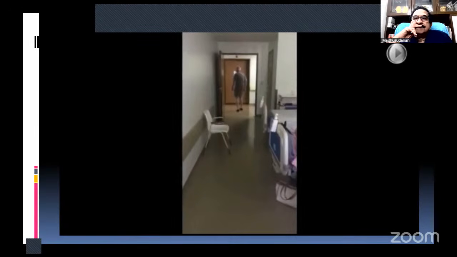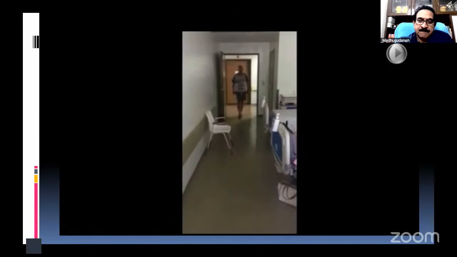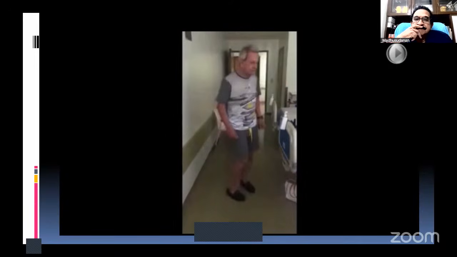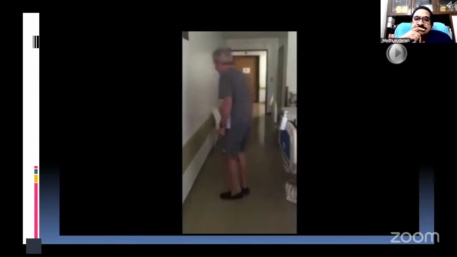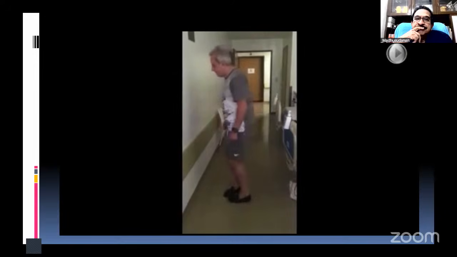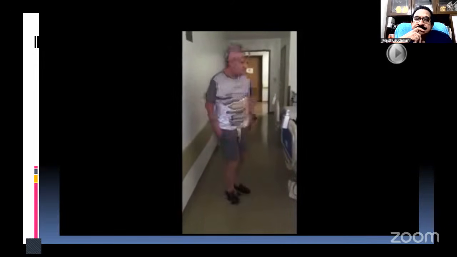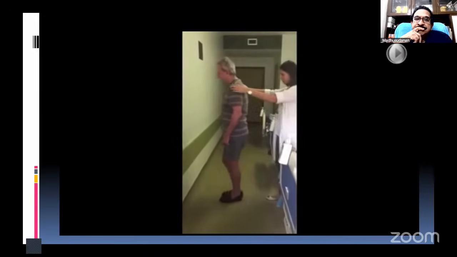Agora para cá. Sim. Sim. Outra vez. Devagar. Turn around without any problem. Para o outro lado. Full test was negative. Mais força.